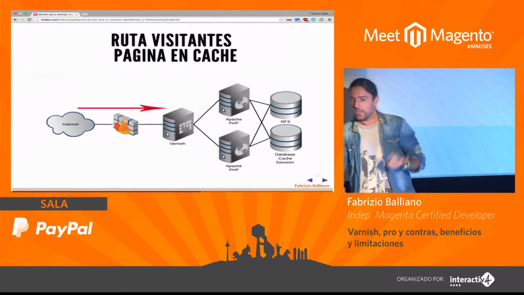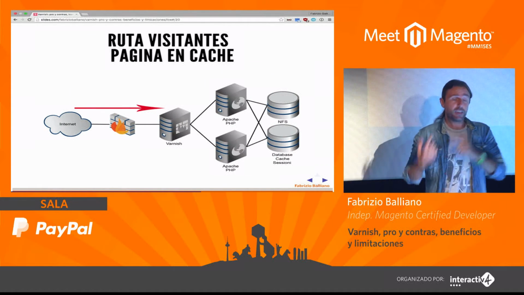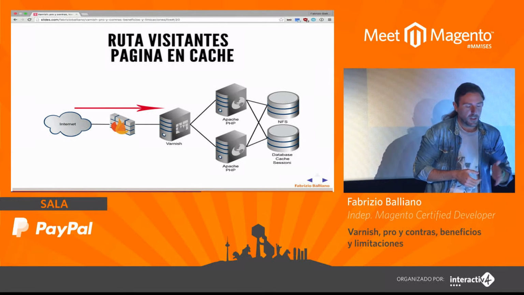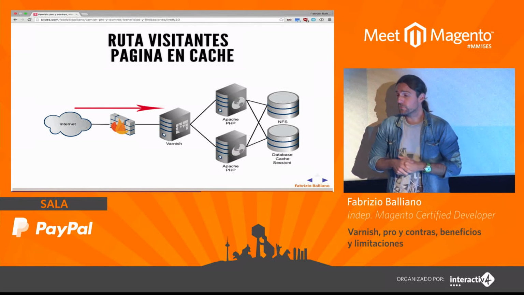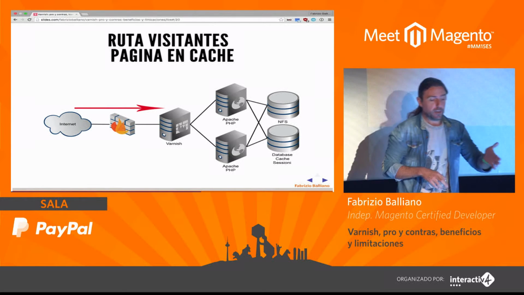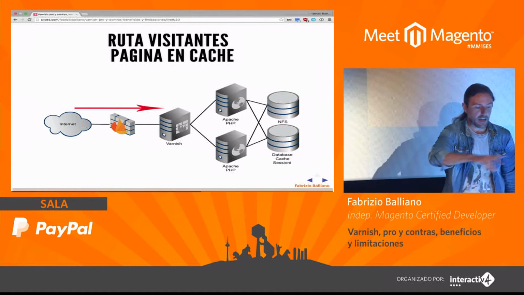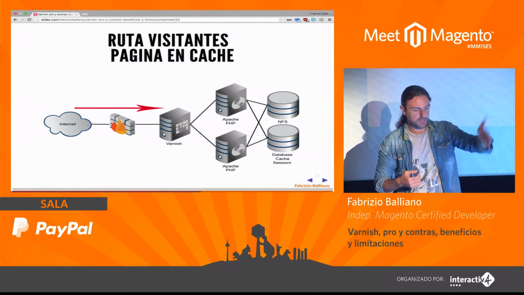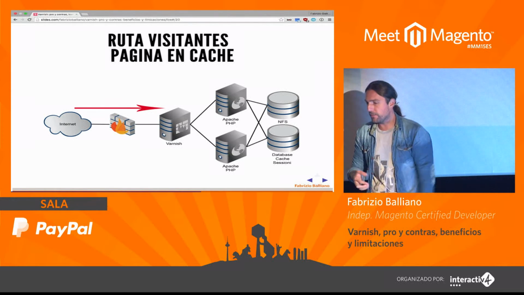If the page is in cache, Varnish directly sends the HTML back to the browser, and here we spare a lot of network traffic inside the servers, because we're not calling the storage, the database, the cache servers, or the application server.